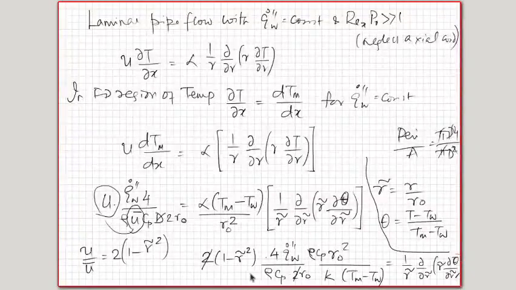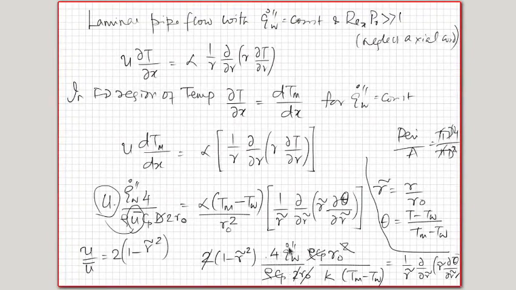Now let me simplify this expression. This rho cp will get cancelled with this rho cp. 1 r naught will get cancelled with this 1 r naught. This q double prime divided by (Tm minus T wall) will be the negative of h, because h into (T wall minus Tm) is q dot double prime. So when I divide this, I get a minus h.